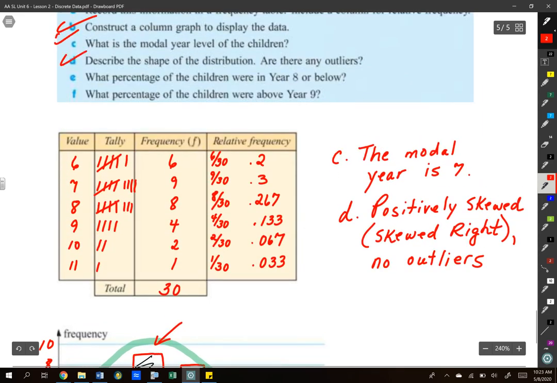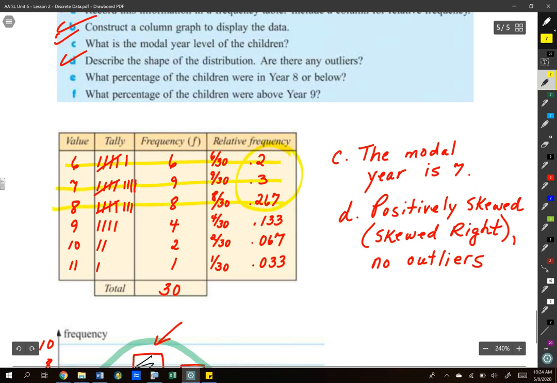We're good. Letter E, what percentage of children were in year 8 or below? This is a great question, and now we finally get to use our relative frequency. So let's highlight the percentage of children that were in year 8 or below. That's going to include 6, 7, and 8, right?